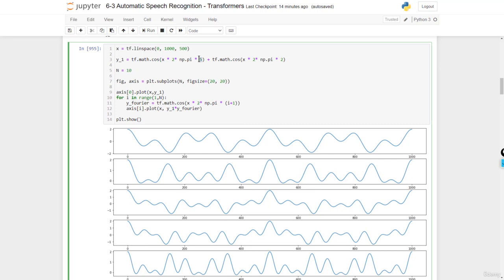Now when i equals 1, we obtain a frequency of 2. That 2 matches up with this, so we are able to detect that this area here is different from 0. So it means that we are able to detect that this input signal contains a frequency of 2, simply from the fact that this area is different from 0.